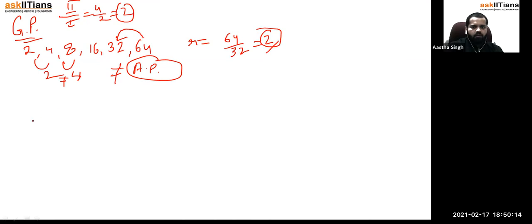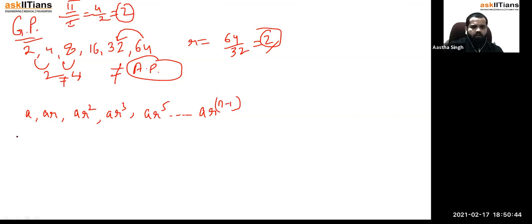If the first number is a, then the second number is ar, the third is ar square, the fourth is ar cube, and the nth number is ar power n minus 1. So this is basically your geometric progression.